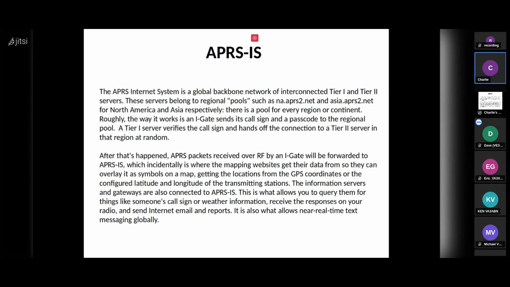Typically, those are used in rotation. If one gets busy, you get handed off to a different one, and then it passes information to the tier two servers. There's probably a couple of tier two servers for North America, and they exchange information with Asia and Europe and so on as well.